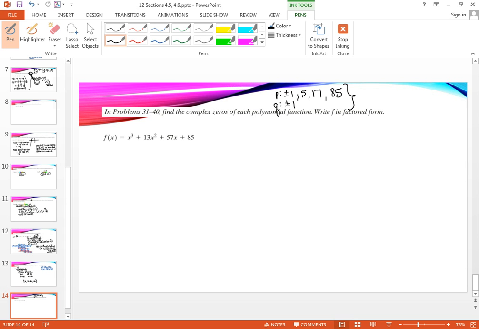So my possible rational zeros are plus or minus 1, 5, 17, or 85. Okay, so now again, remember what we do. If it's going to have a rational zero, it's going to be in that list. And if we can find a rational zero, then hopefully we can handle it from there, because that'll break this thing into a quadratic and we can deal with quadratics.